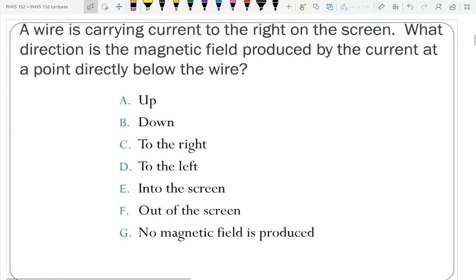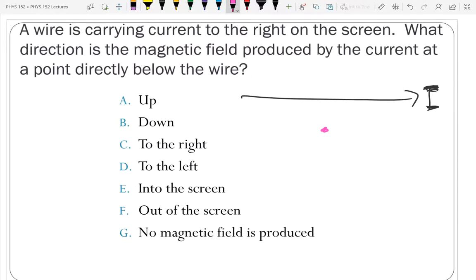Okay, so our first clicker question of the day. A wire is carrying current to the right on the screens. That is, we have a wire carrying current like this. What is the direction of the magnetic field produced by the current at a point directly below the wire? So here's a point directly below the wire.